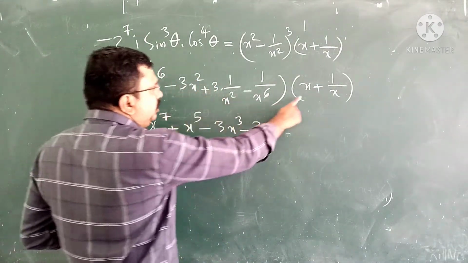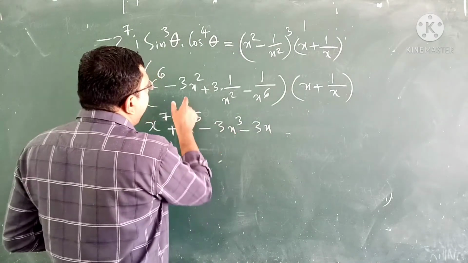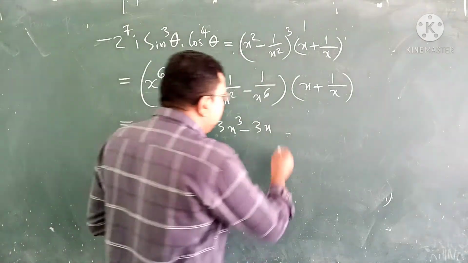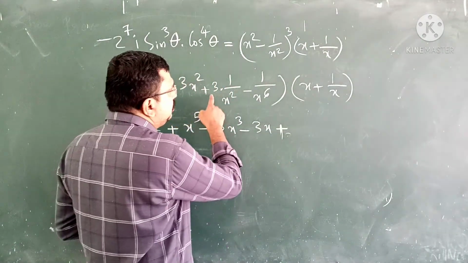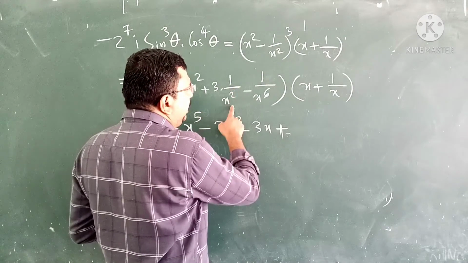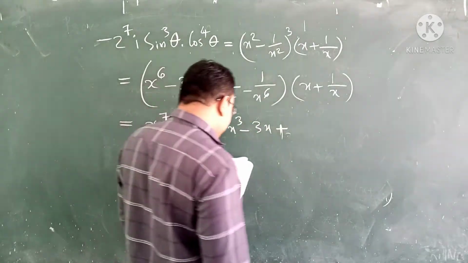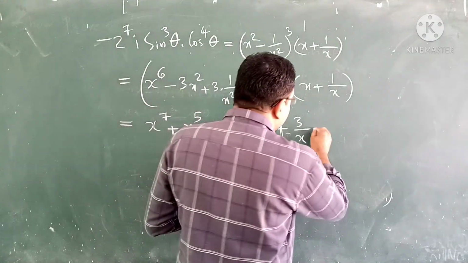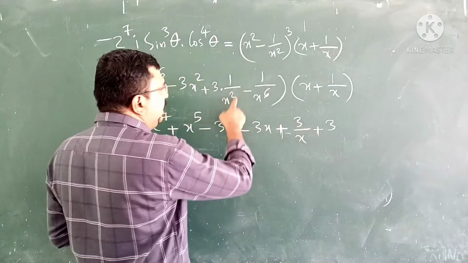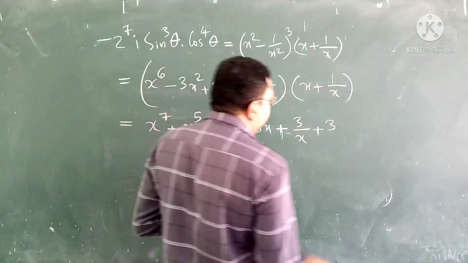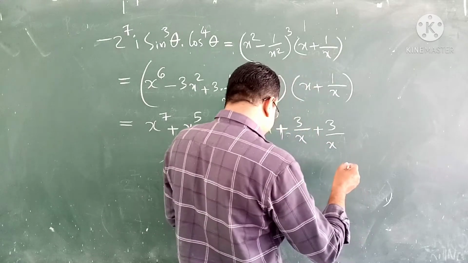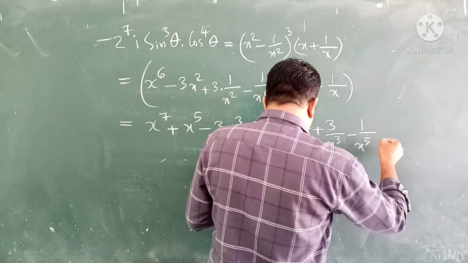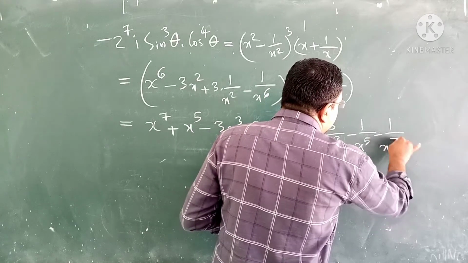Here minus 3x square into x is minus 3x cube, minus 3x square into 1 by x is minus 3x, plus, next one is 3 into 1 by x square into x, that is 3 by x, plus 3 into 1 by x square into 1 by x, that is 3 by x cube, minus 1 by x raised to 5, minus 1 by x raised to 7.